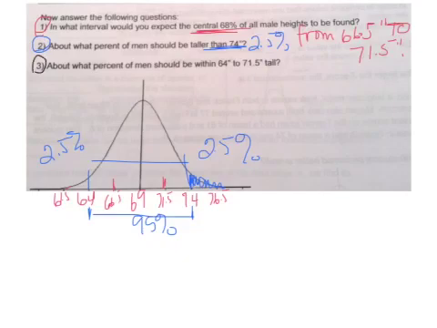All right, now the last one. It says about what percent of men should be within 64 inches to 71.5. All right, so that's here to here. And that's not one of our intervals either. However, if I look at it, then I know that from here to this line, that's going to be 68%. So this half, that would be 34%.